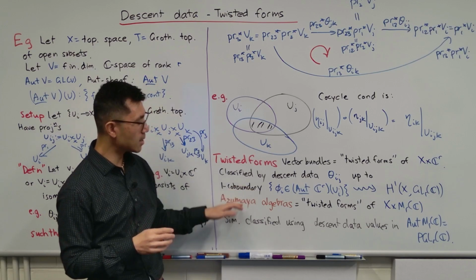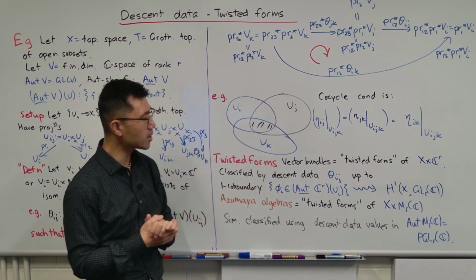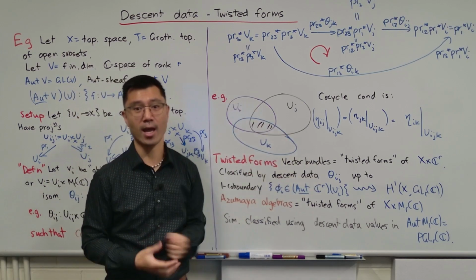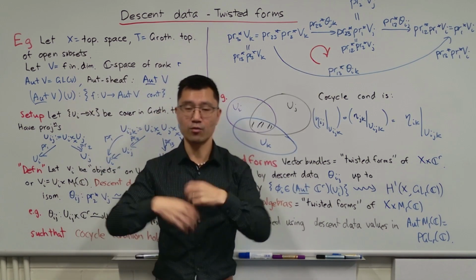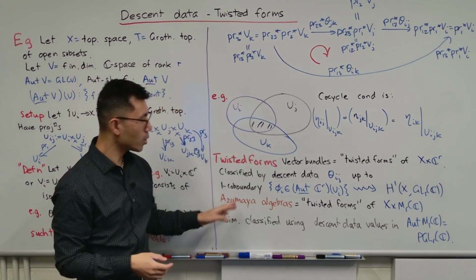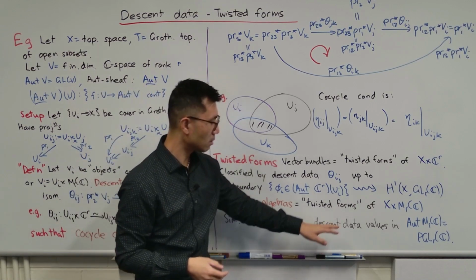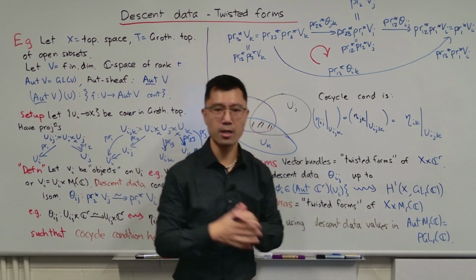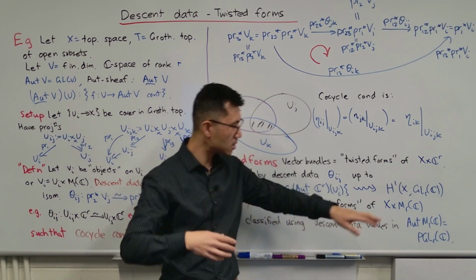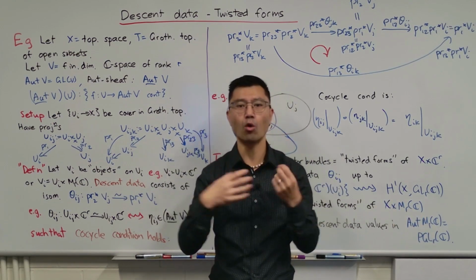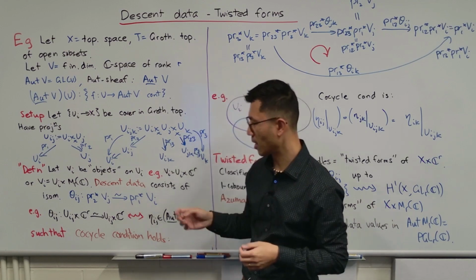And what's really nice is that if you want to study these, you can study them in exactly the same way as you study vector bundles. So you can try this approach of using transition functions. Here we look at descent data again. The only difference is that when you glue these matrix algebras M_R(C) to themselves, you need automorphisms of the matrix algebra.